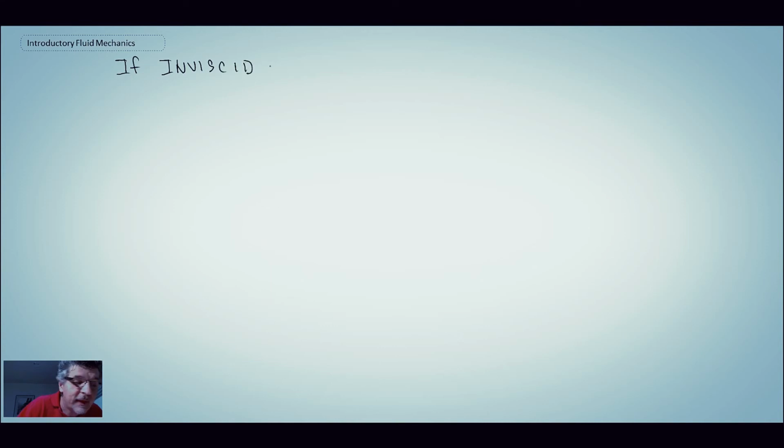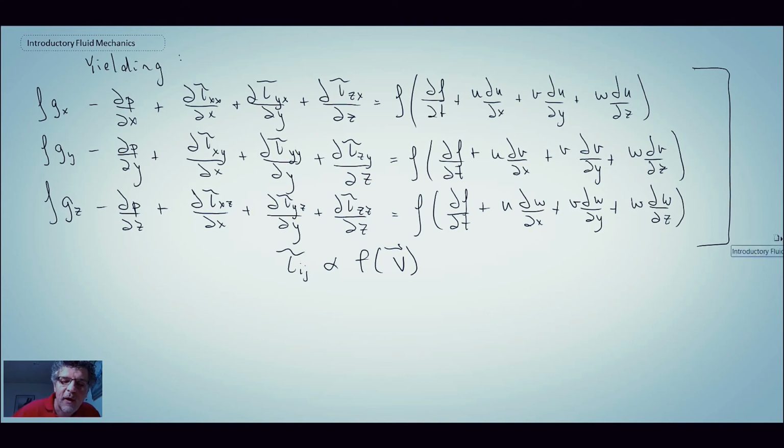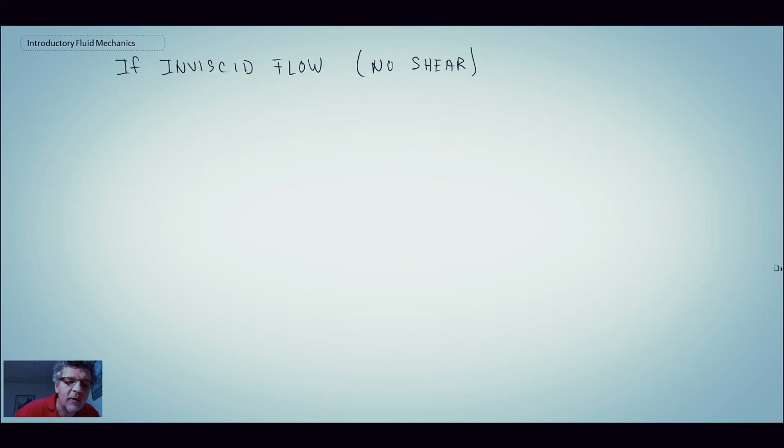And so what that means is that if it is an inviscid flow, there's no shear. And if there is no shear, looking back at this equation, all of the tau terms that are in here knock out, and they're removed from the equation.